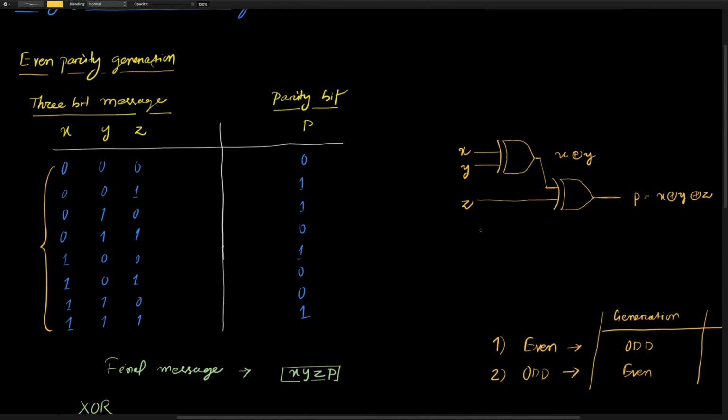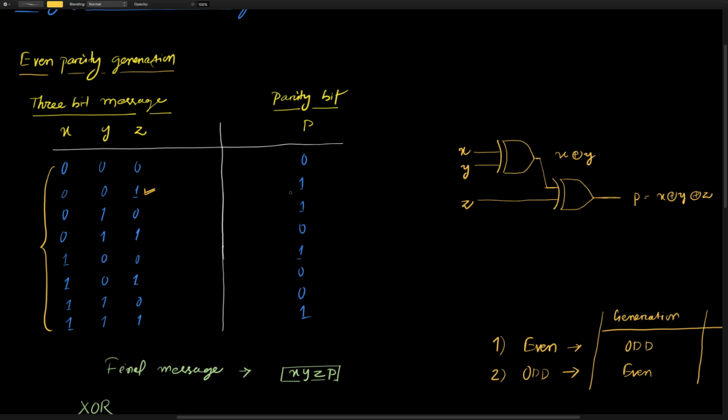This is the logic diagram for the parity bit generation, and the parity bit generated accordingly is 0 1 1 0 1 0 0 1, and that's exactly the XOR of these 3 inputs. You see, in this particular combination there is only a single one, so XYZ is overall an odd combination.